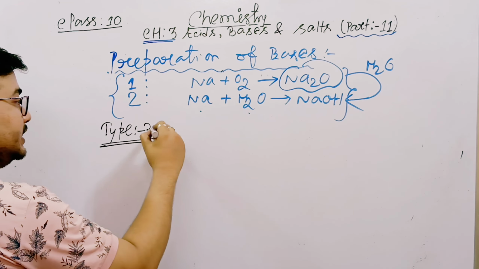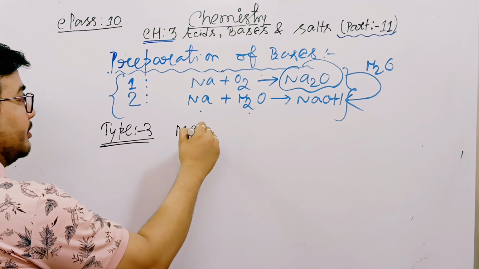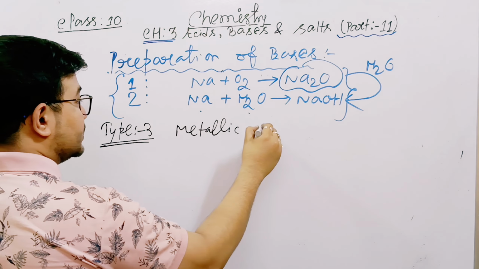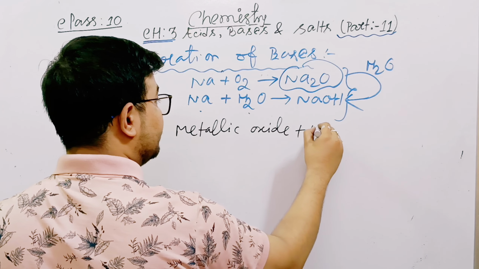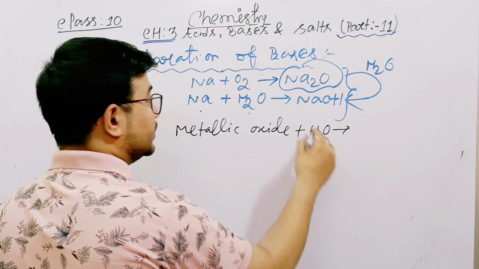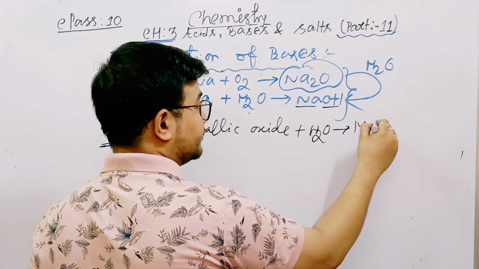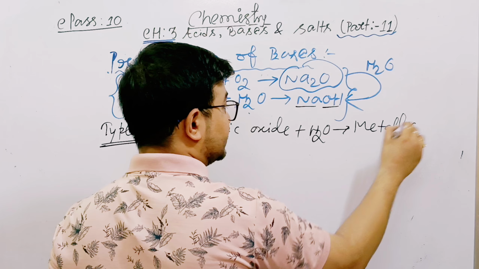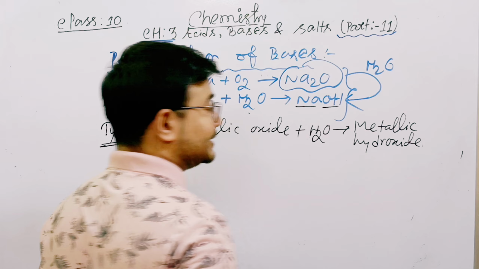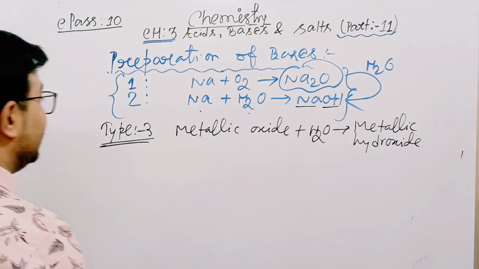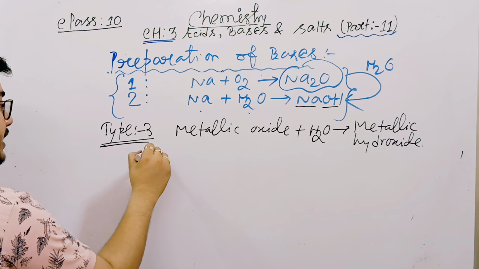So in the third we have the heading metallic oxide. When metallic oxide dissolves in water, it produces what? Metallic hydroxide. Do you understand? Tell me the example first.